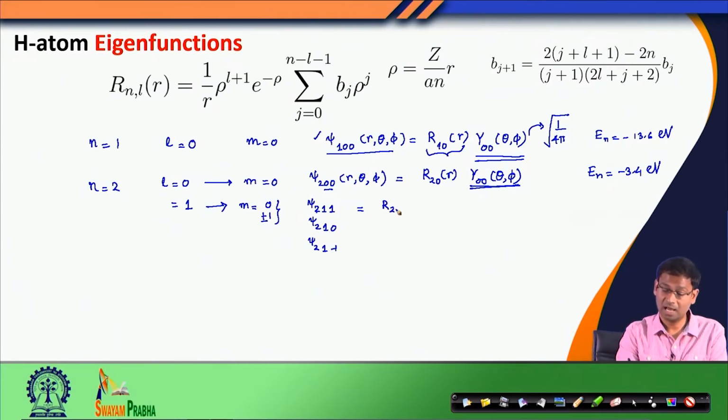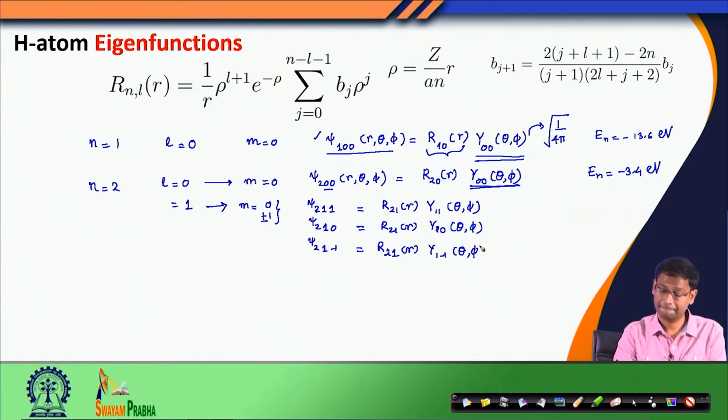I will write this R21 r Y11, R21 Y10, R21 Y1 minus 1 theta phi.